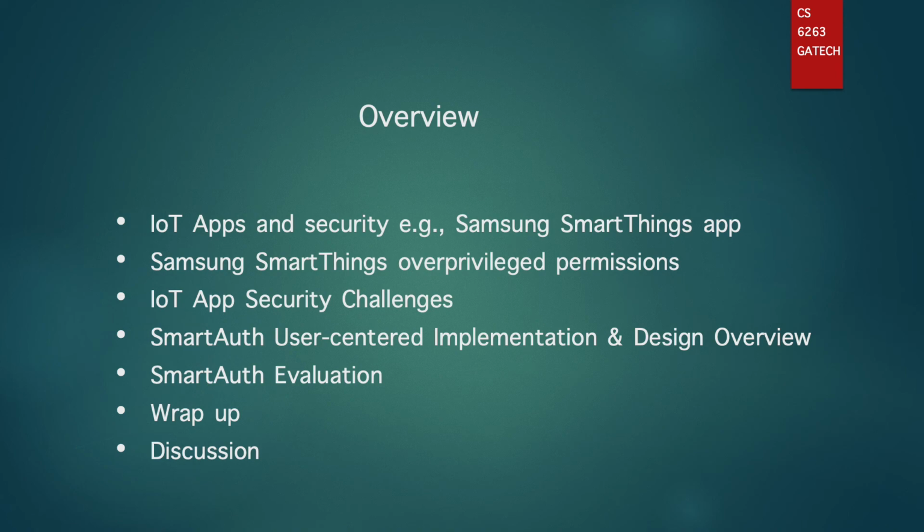Let's talk quickly about what we're going to cover during this presentation. We're first going to discuss really quickly Internet of Things apps and security, and specifically the Samsung SmartThings app. That's one of the focuses they have in their paper, and the fact that they also work with Samsung on this.